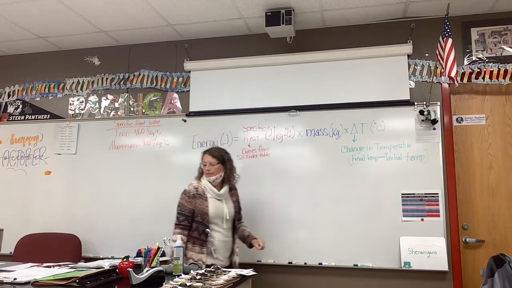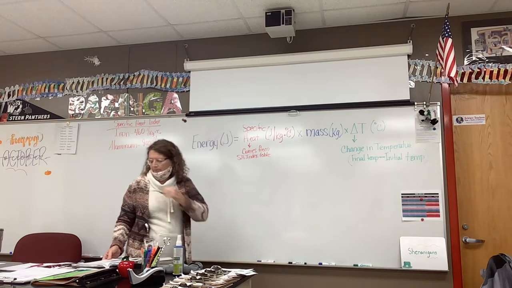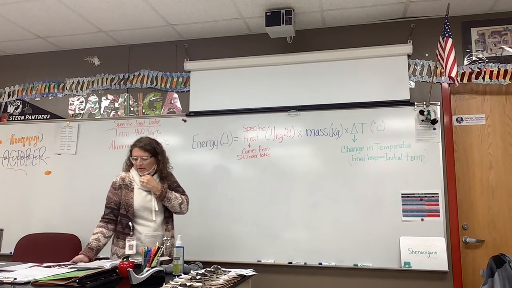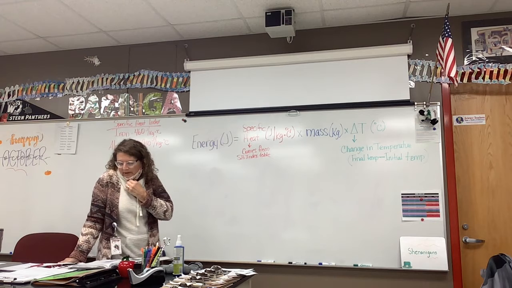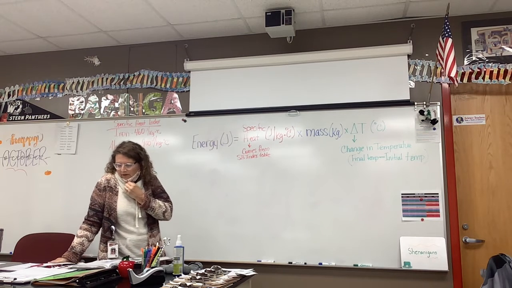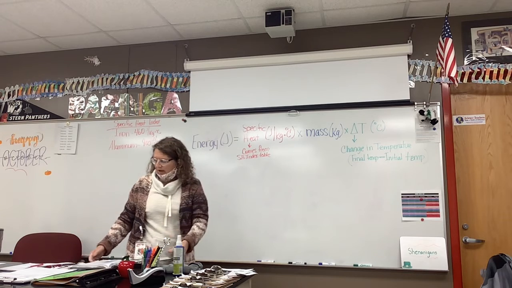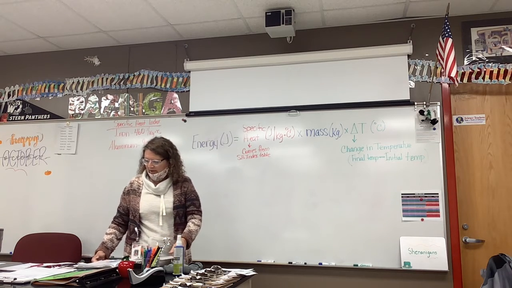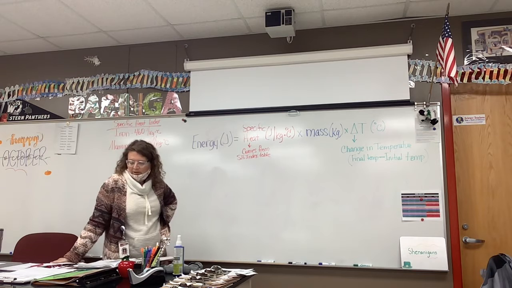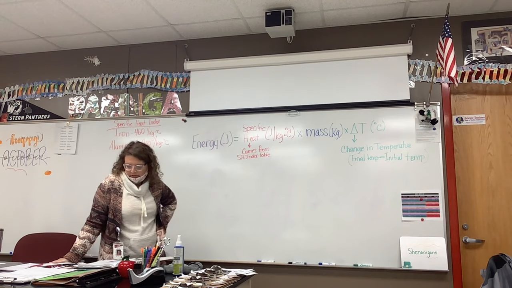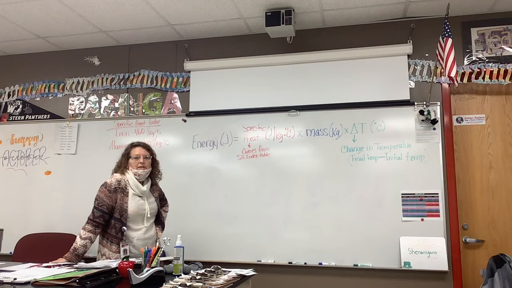Okay, so then page 265. The story problem is: how much energy will raise the temperature of 2 kilograms of iron from 20 degrees Celsius to 30 degrees Celsius, and iron has a specific heat of 460 joules per kilogram degrees Celsius.